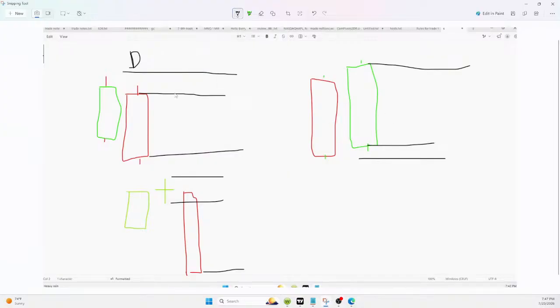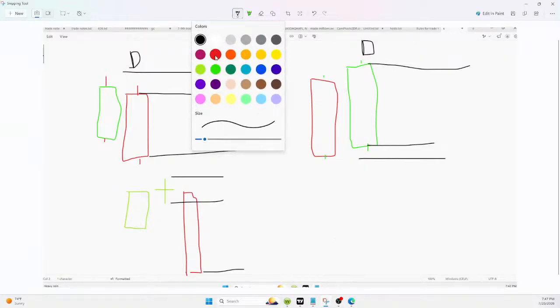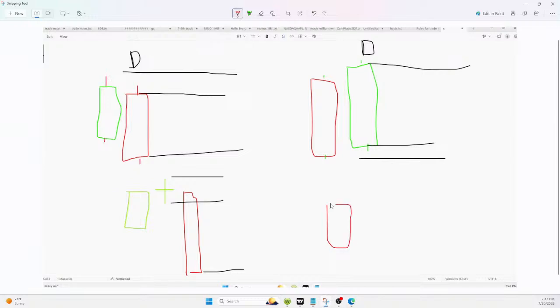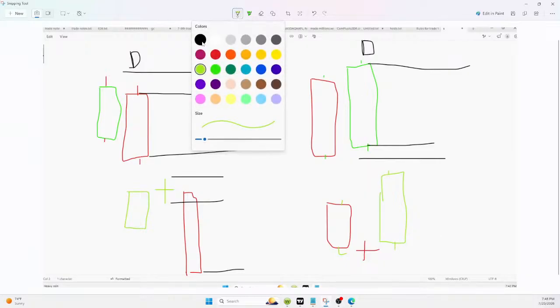Similarly, this is the daily candle again. You go down to the 4 hour. When you go down to the 4 hour, you will find the candle structure like this: one small candle and another big candle, with small wicks.